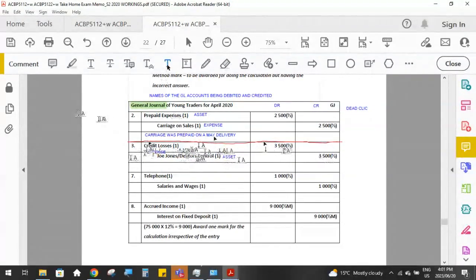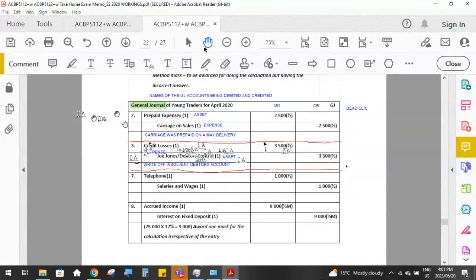Okay, and then again, if they had asked you for a narration, we would write over here something like write off insolvent debtors account. And then we would again rule a line at the bottom of that journal entry.